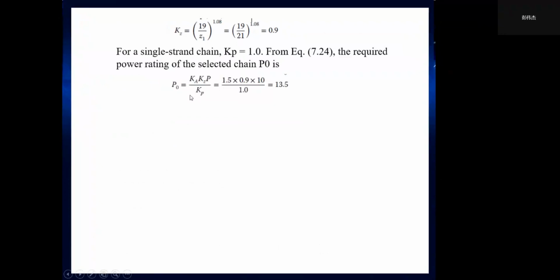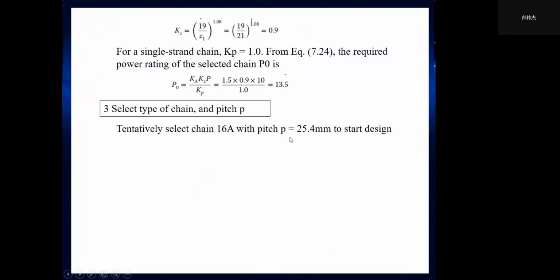Then we calculate P0. If you use the value selected from the table, KZ is 1.11, and P0 should be modified to a larger value.